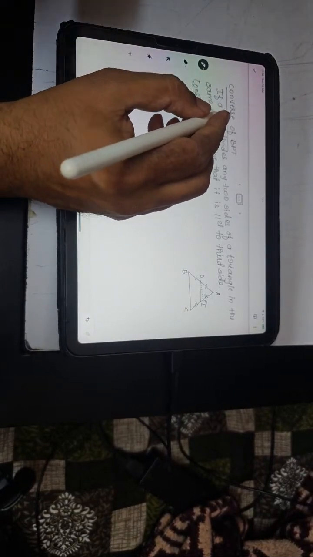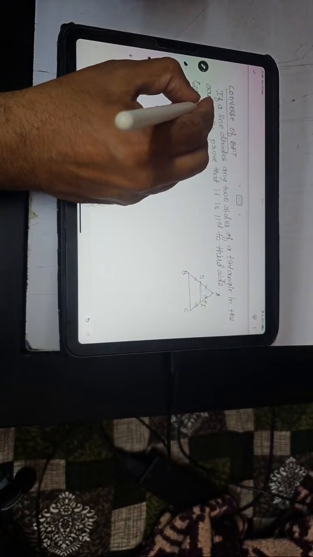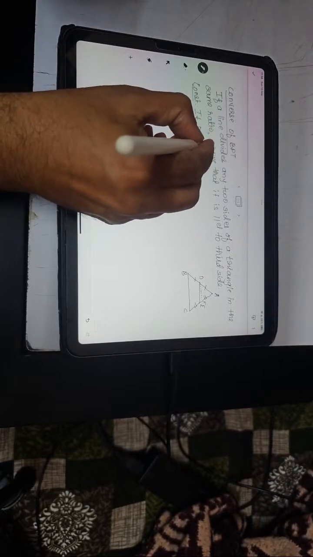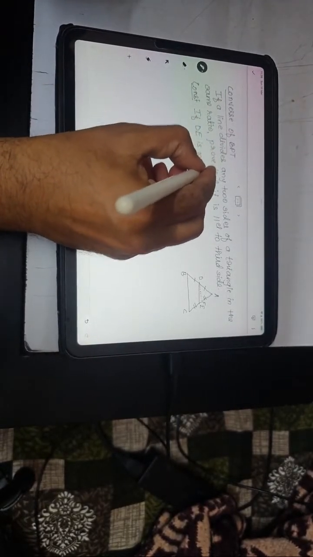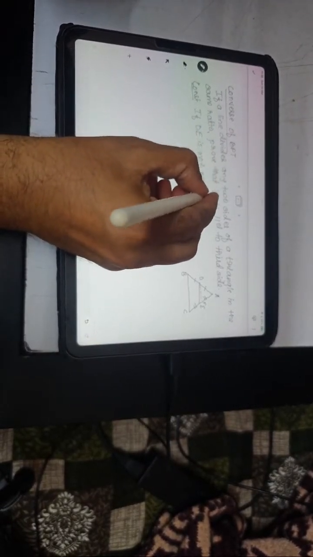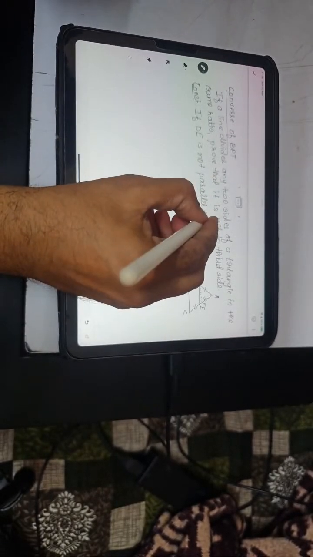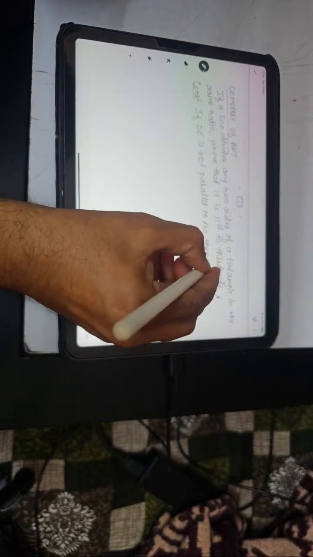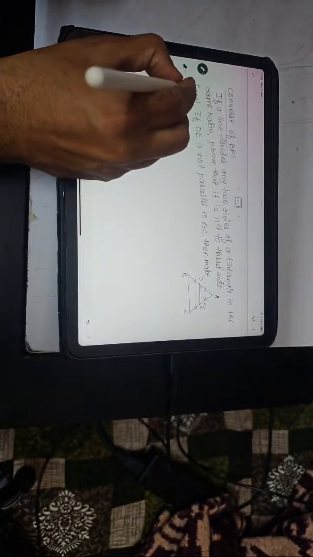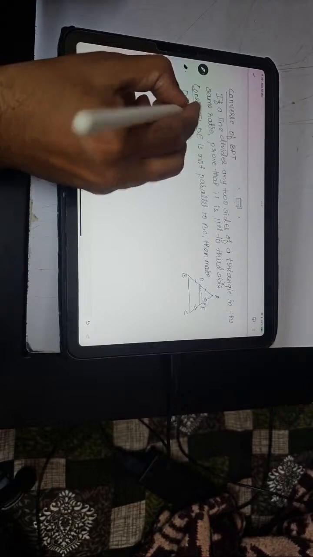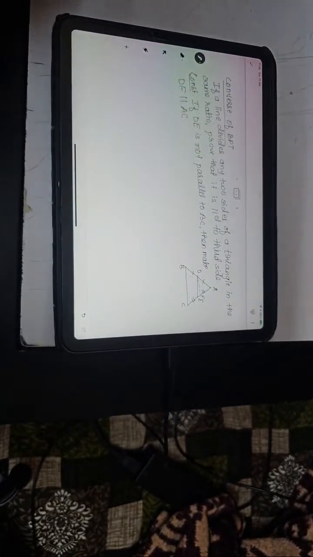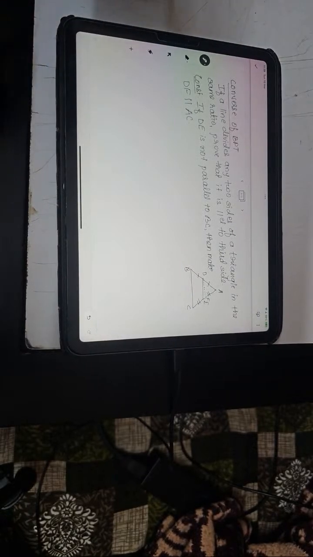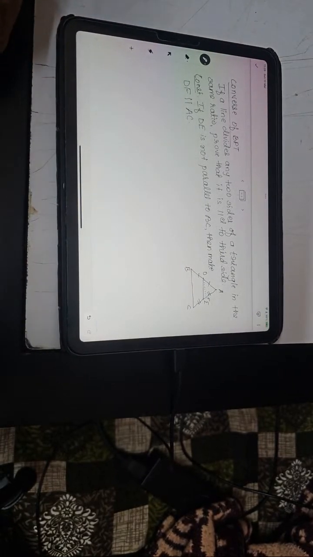So construction is saying, okay, if DE is not parallel to BC, then make DF parallel to AC. See, this we are constructing. Okay, DF is now parallel to AC.